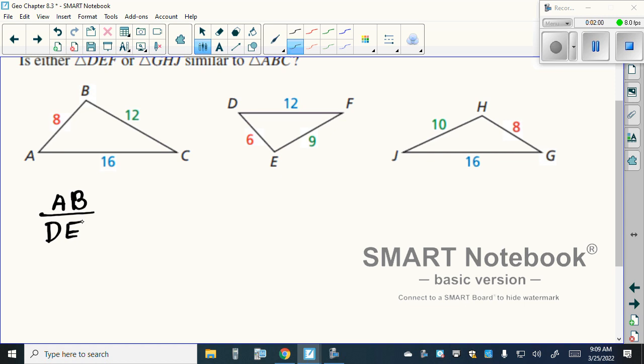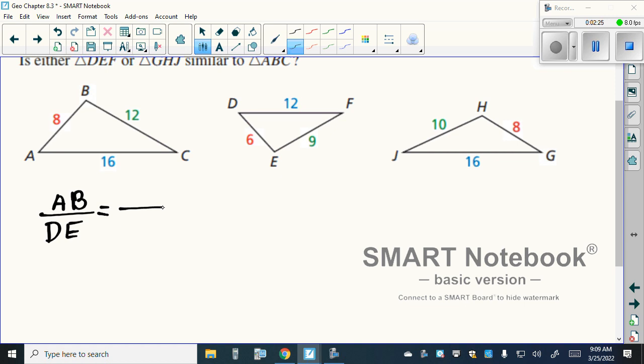One of the other ways we can look at it is that the sides are proportional to each other. We're going to increase them or decrease them all by the same amount. So if one side is the smallest in one triangle, its corresponding side should also be the smallest in the other triangle, because we're not going to increase one side by 20 and then decrease another. They're all going to increase or all decrease.